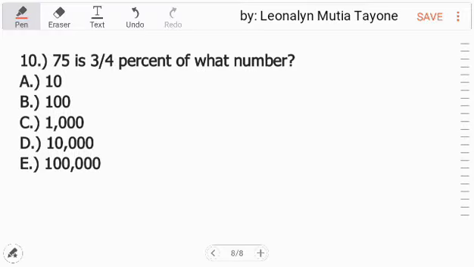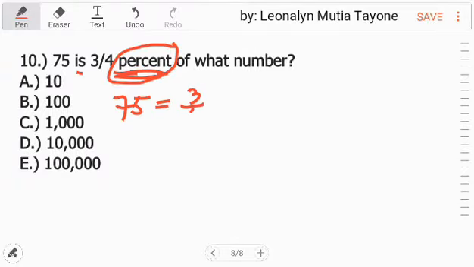Now, question number 10. 75 is 3/4% of what number? Ang pagkakaiba sa question number 9, wala siyang percent ang 3/4. Ngayon, kung isulat natin yan, that is 75, is equal yan siya. This is 3/4% of what number?